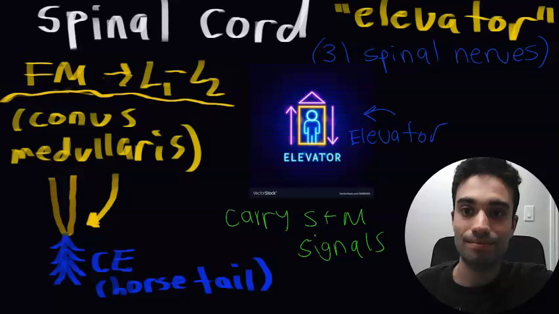So they enter and exit the spinal cord via the ventral and dorsal roots, not directly. The spinal nerves don't become the spinal cord directly. They enter the spinal canal through the intervertebral foramina, and then they become roots that are going to go into the spinal cord.